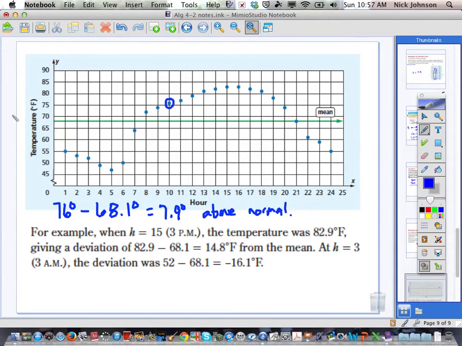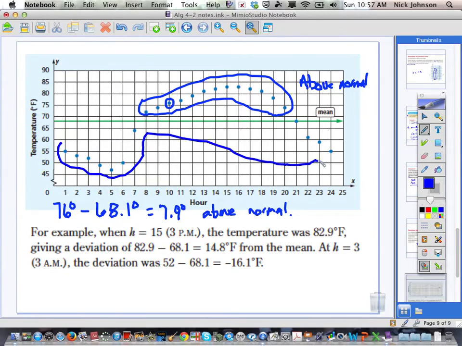Because what's normal is 68.1 degrees throughout the day, right? That's our mean. That's above normal. So that means all these dots right up through here are going to be above normal. All these dots down here are going to be below. So let's pick an easier one.